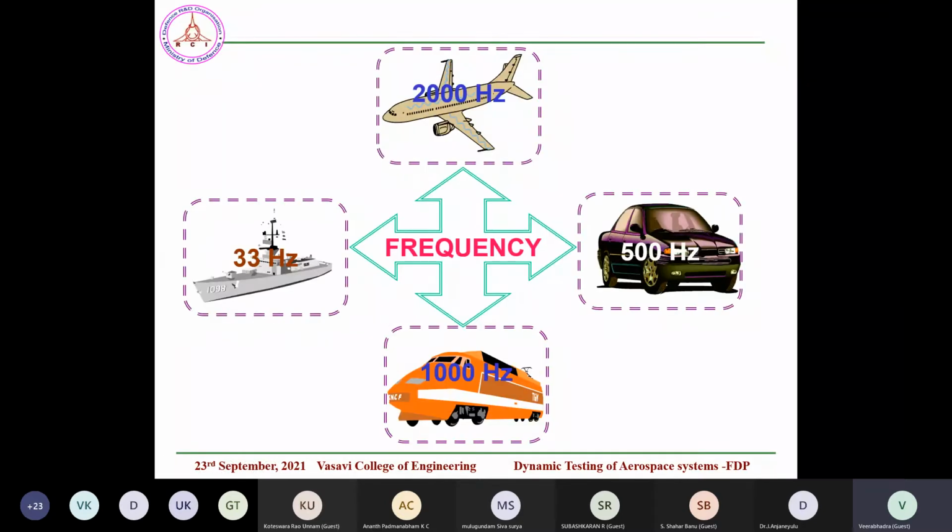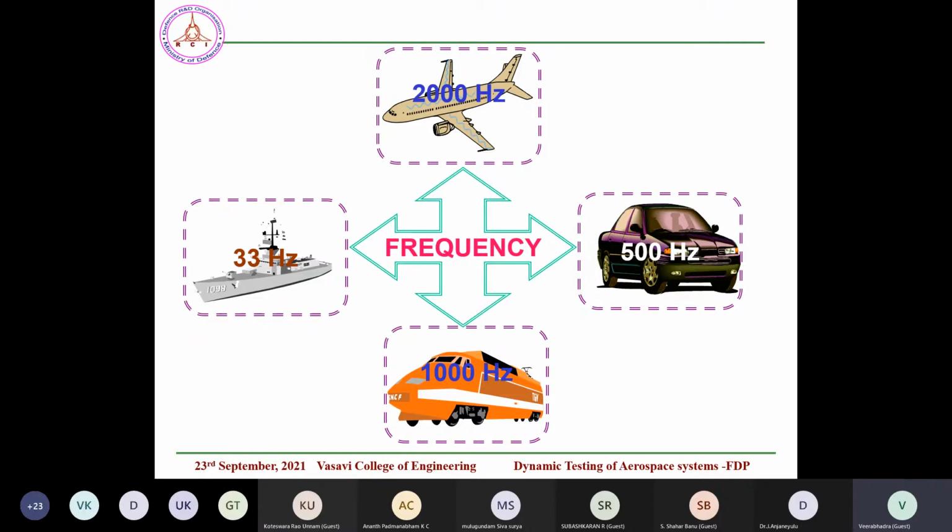Let us look at the typical frequency ranges of vibration for the automobile industry, aerospace and defense, and railways. For the aerospace industry, we typically need to excite up to 2000 hertz, because this is what is seen from the aerodynamic noise. For the automobile industry, 500 hertz maximum frequency of simulation is enough.